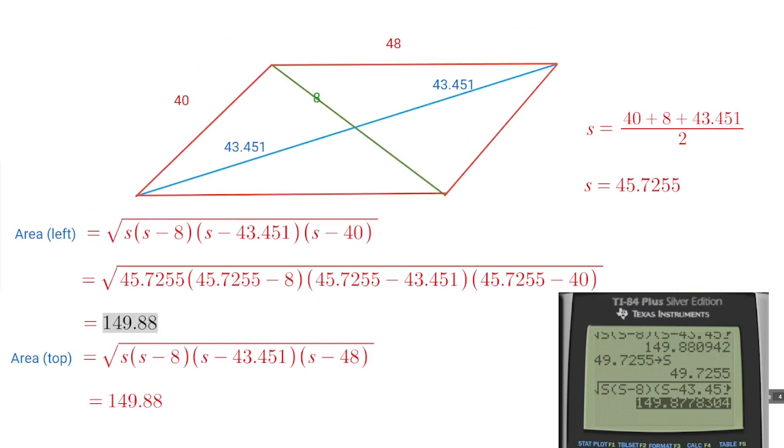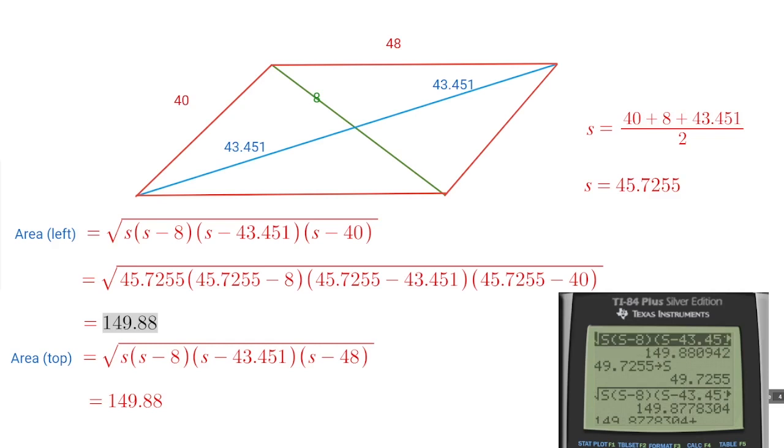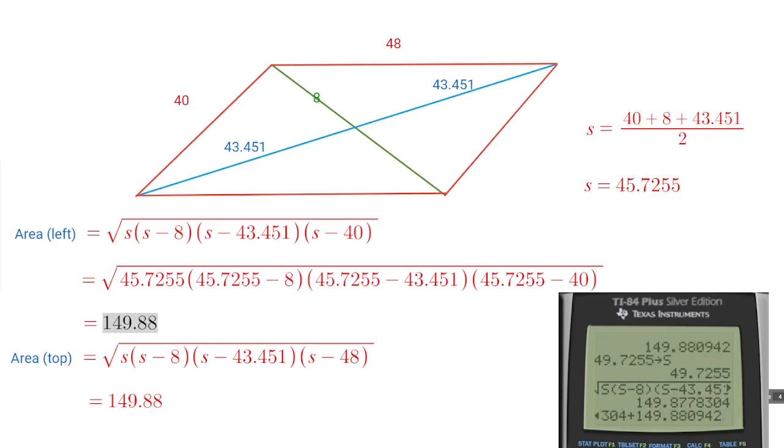And so now I'm going to add these together and then double it. You're probably safe to just quadruple 149.88. It's probably going to give you the same answer as what I'm about to give you. So these are the two areas added together. Go ahead and double that because we have the bottom and the right-hand triangles. And so we get about 599.52.